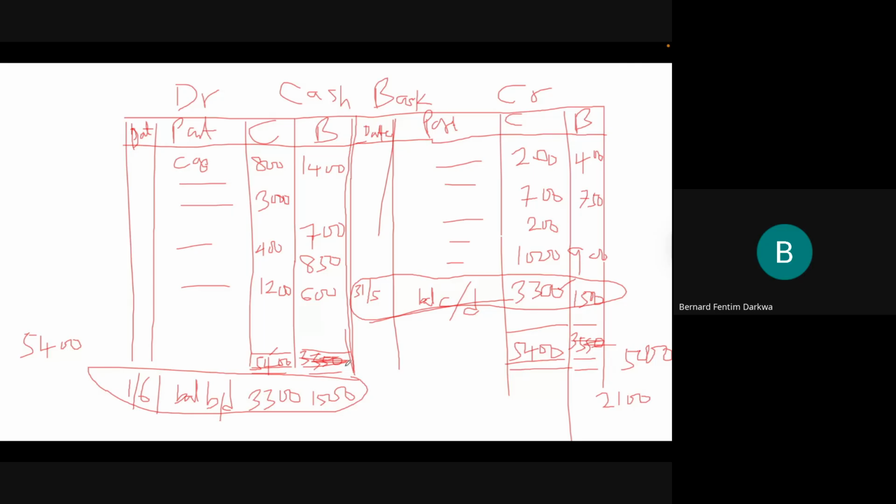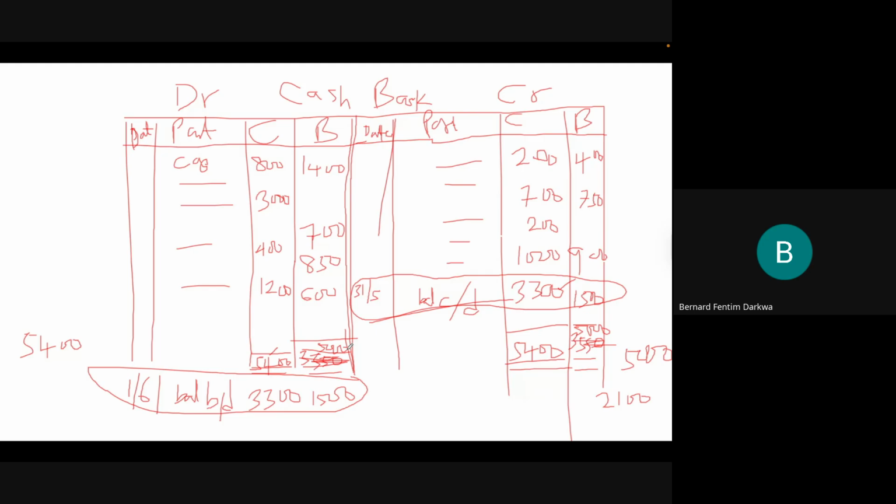For the total for bank, we have to use the 5,000 here. So I write 5,000 here. Then we come to the credit side and write 5,000 here, because that's the bigger value. You see that the credit side is bigger. 5,000 is here. Here is not up to 5,000.